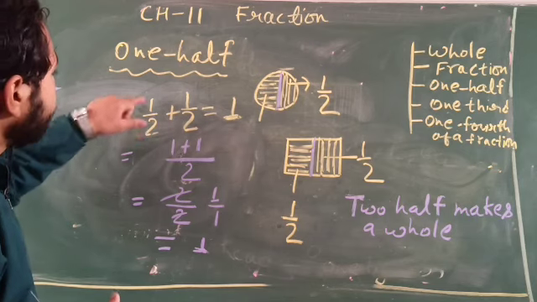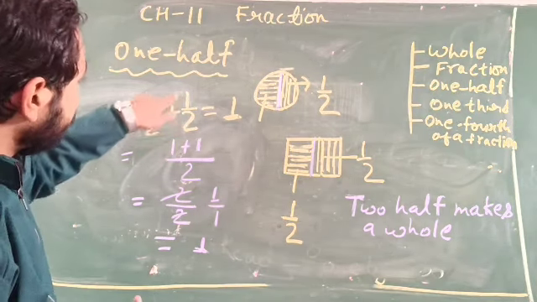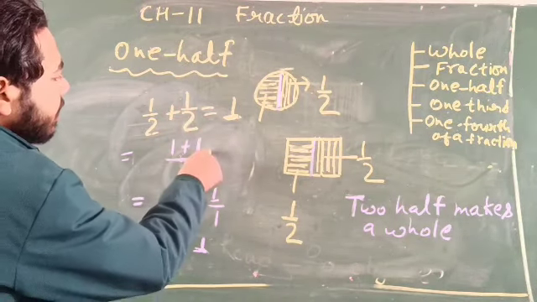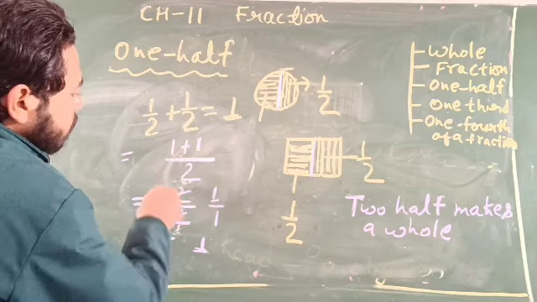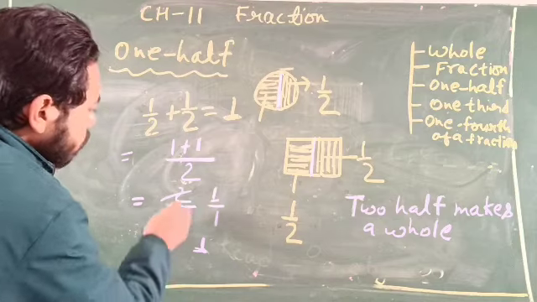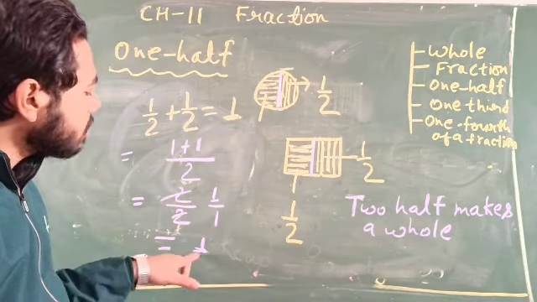The first fraction's numerator is 1, and the second fraction's numerator is 1. Now 1 plus 1 is 2, and the denominator is 2. So 2 by 2 means 1.